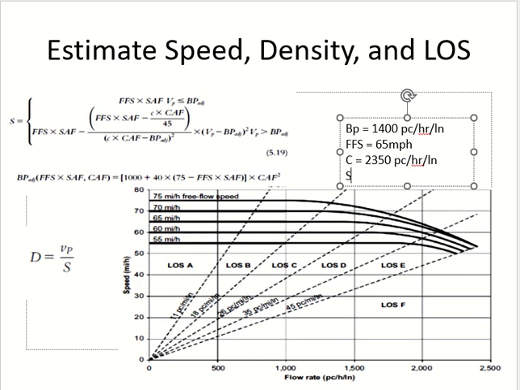Give me speed at capacity. In this equation, I'll put what equal to capacity? I want the value of speed when the flow rate equals capacity. Vp equals capacity. So how much is the speed?